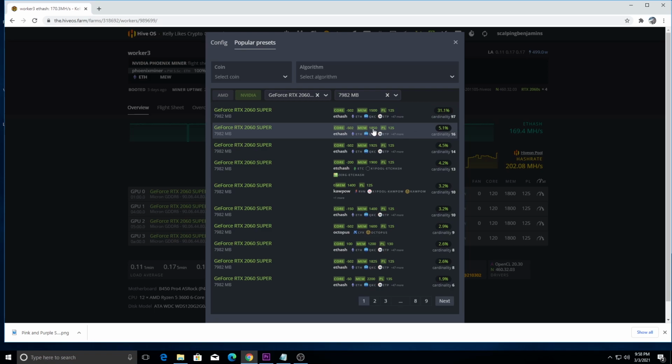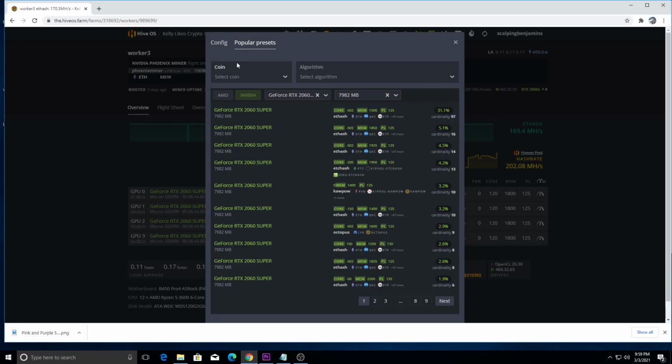The second most popular is negative 502, 1850, 125. I wonder what these guys are getting. Definitely you could try this. There's nothing wrong with trying out the most popular one. Just go to popular presets, write it down, and check it out.